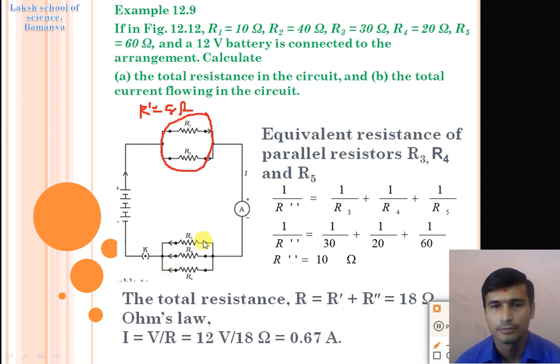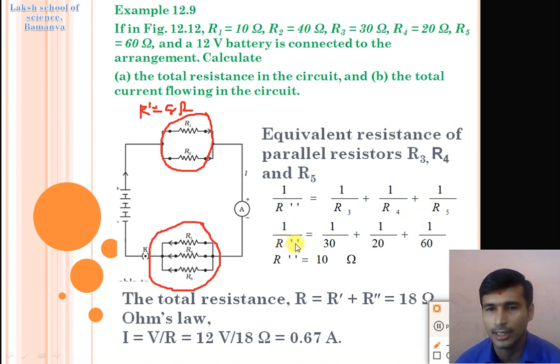Now we find the equivalent resistance of the parallel resistors R3, R4 and R5. Similarly, 1 upon R double dash, the equivalent resistance, is 1 upon R3 plus 1 upon R4 plus 1 upon R5.